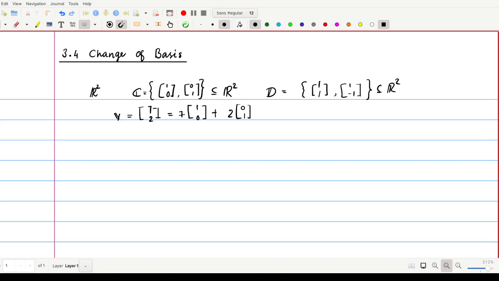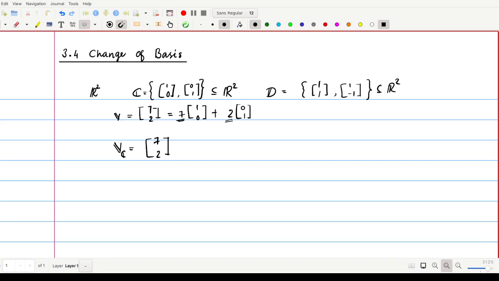So this expression gives V with respect to C. That is nothing but the coefficients, the scalars of this expression. So that is (7, 2), which gives the coordinates of this V relative to the basis C.